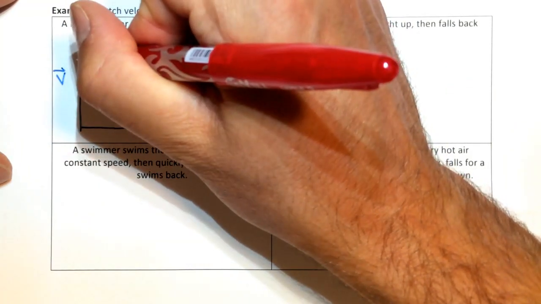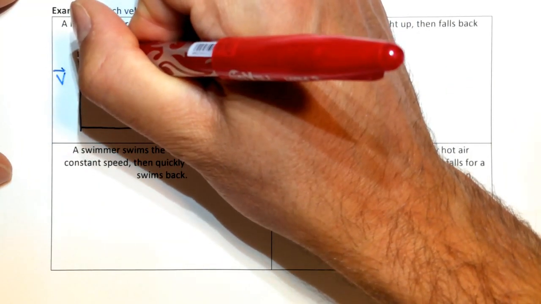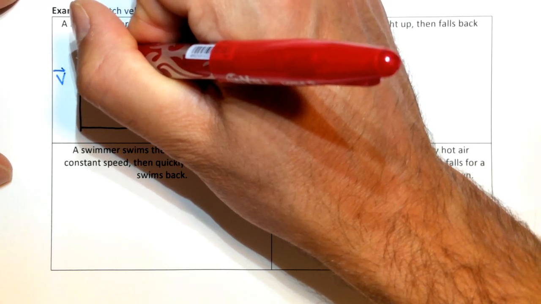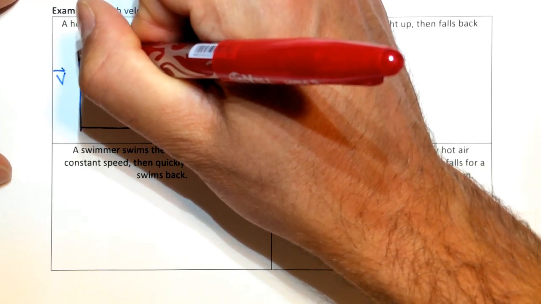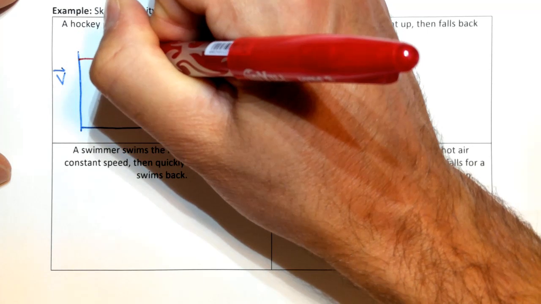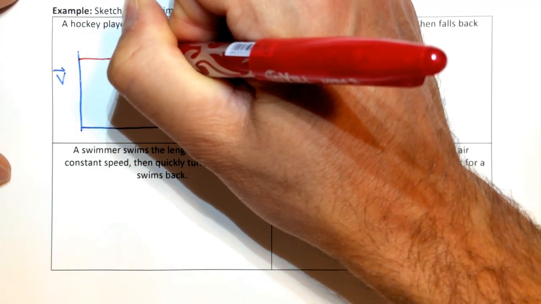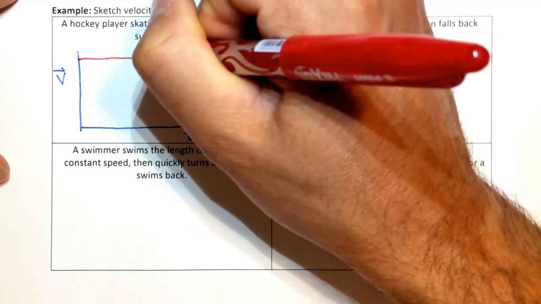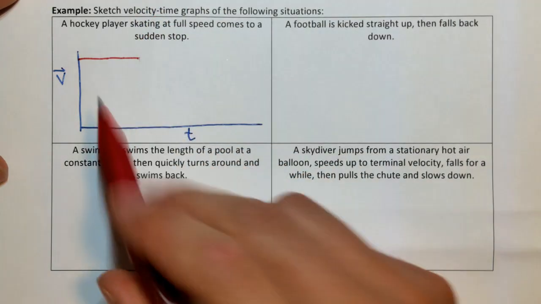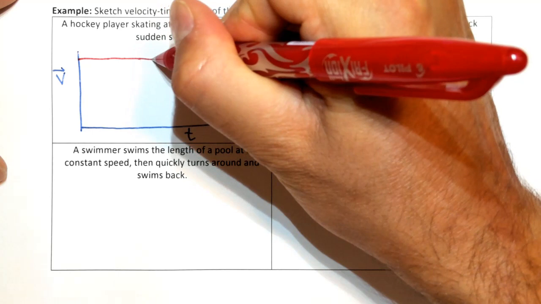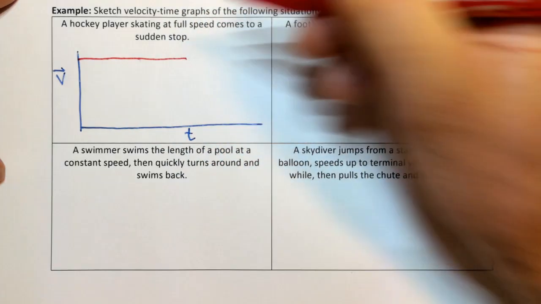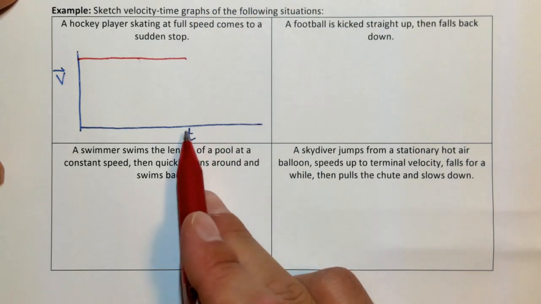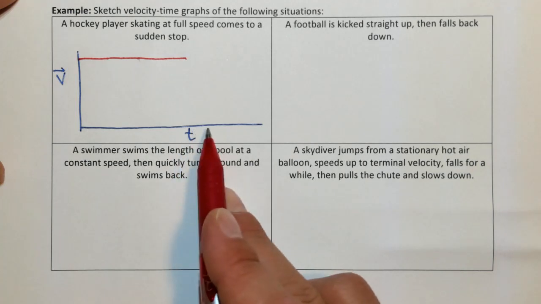So a hockey player, if he's skating at full speed, that means his velocity is always the same. He's still full speed, he's not slowing down, he's not speeding up. But then, after a while, he comes to a sudden stop, meaning over a very short period of time, the velocity goes to 0.